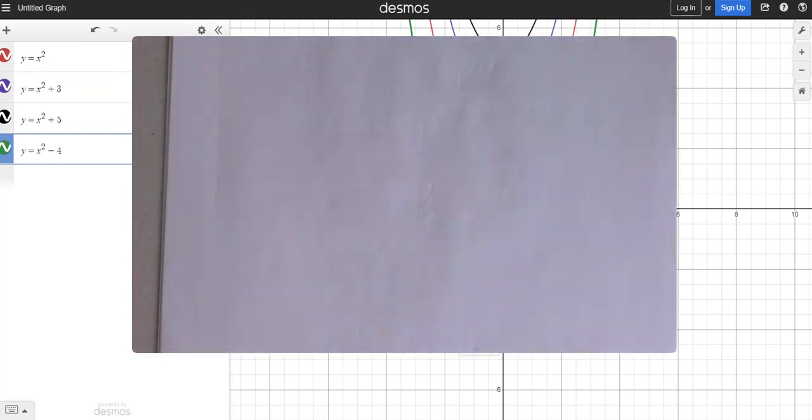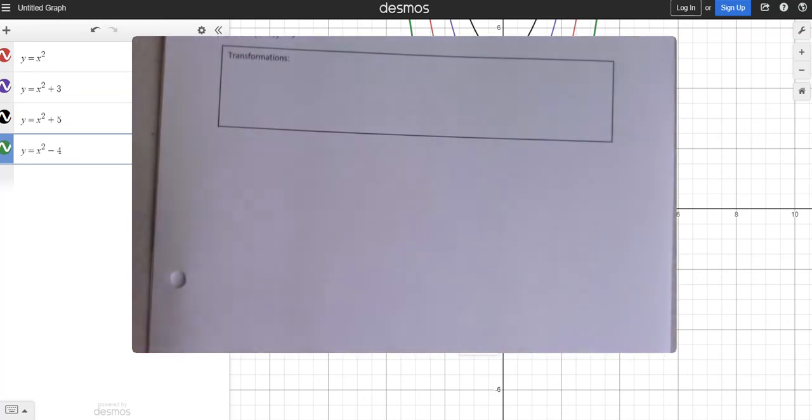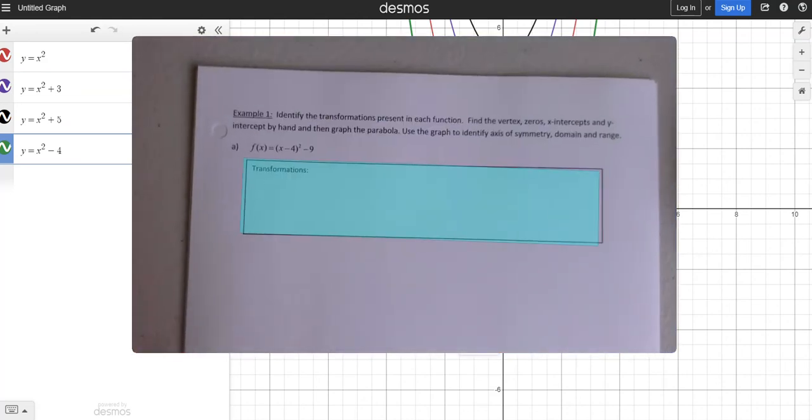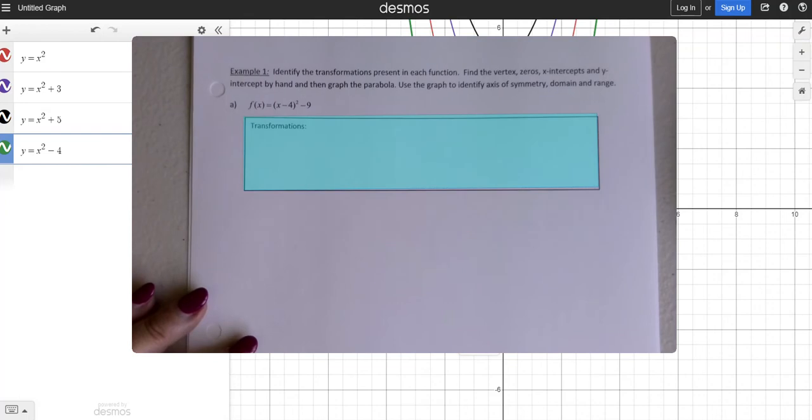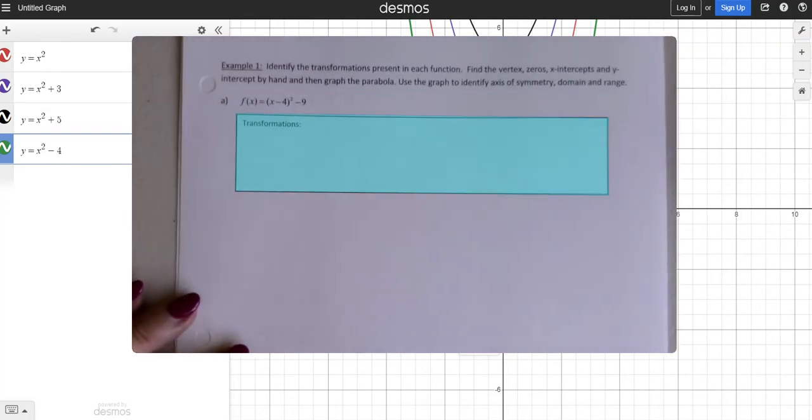All right, you might want to keep your little chart out for now, unless you're already familiar with this. And let's take a look at this first one. I'd like to identify the transformations present in my function, and I'll use that to find the vertex first of all.